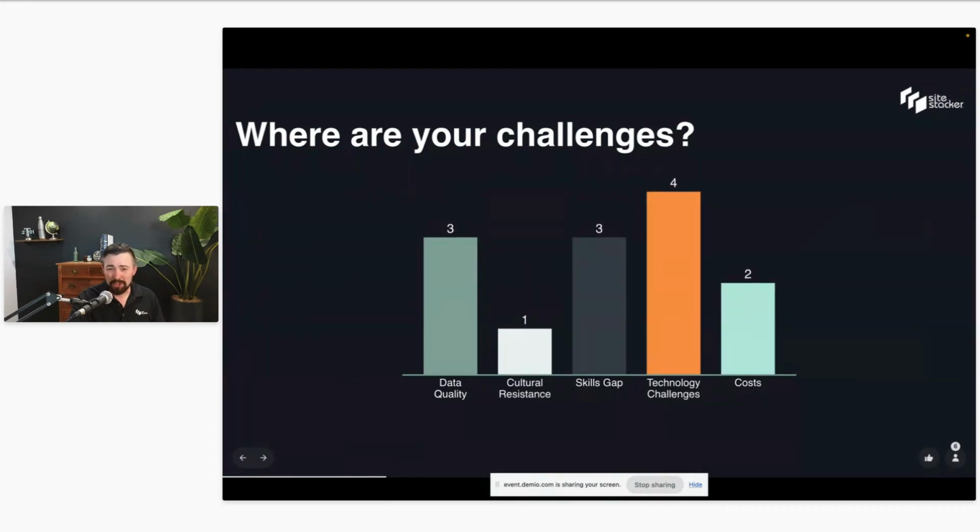Hey, we just don't have the talent. Maybe there's technology. Either we don't have the technology, or we feel like we don't know how to use it. Or maybe there's a cost piece, like, hey, the things we found looked really expensive. So what are they? We're going to dig into these specifically to figure out what they are.